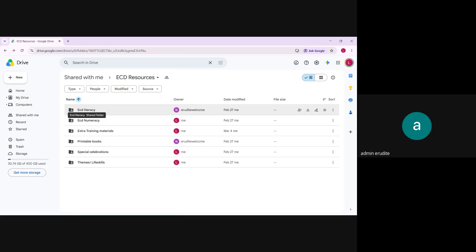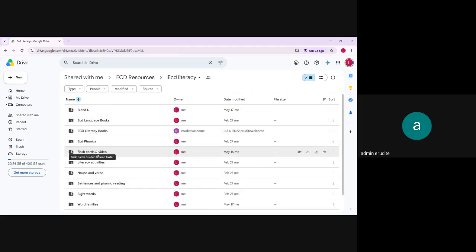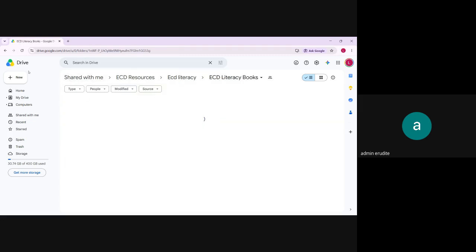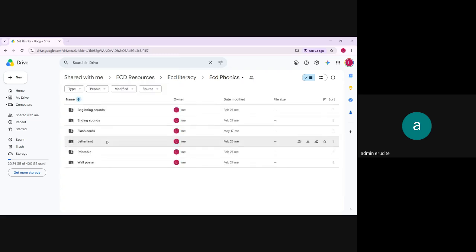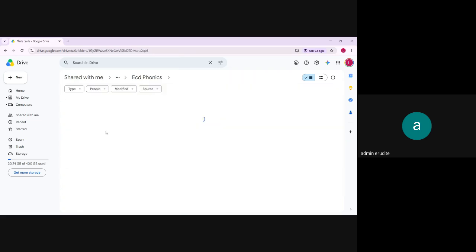But like I said earlier on as well, what works for you doesn't always work for me, and what works for me doesn't always work for you. So you cater to your class. That's why you will see on the drive, let's quickly go back, there is black and white. Actually, it does not consist of any color. Let me just quickly get it. No, it's here somewhere. I think it's here.